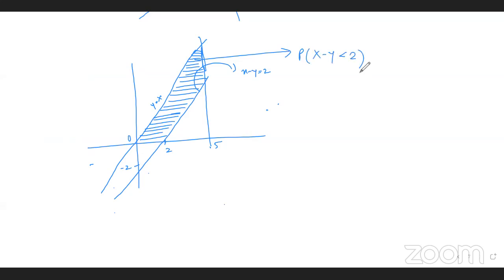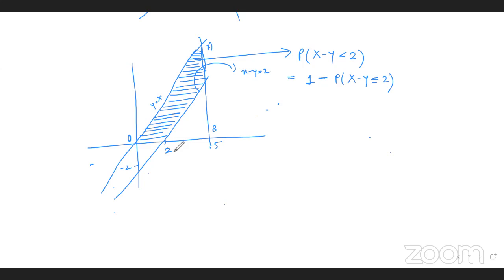To find this probability, since we know this whole triangle, let's say OAB, is the region D, what we did was 1 minus the probability x minus y greater than or equal to 2, and that was this triangle.